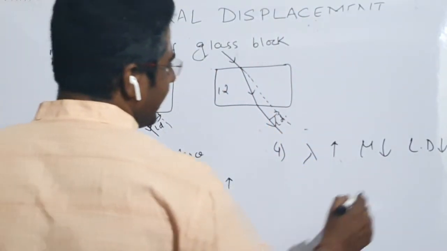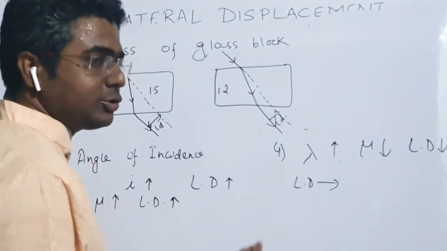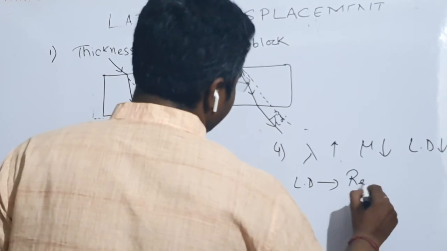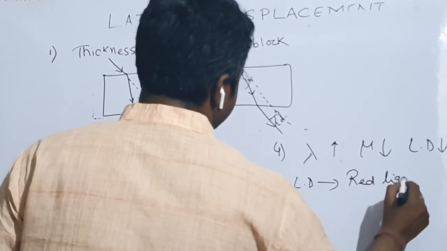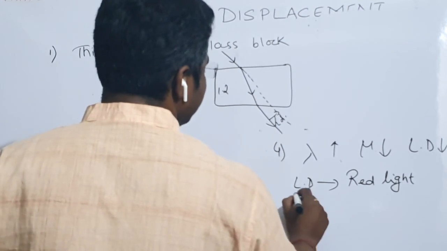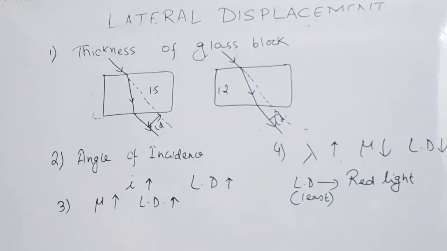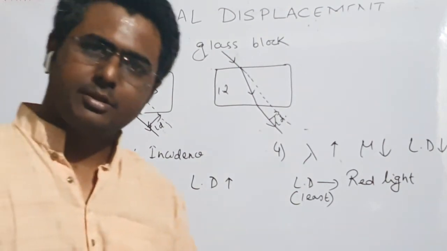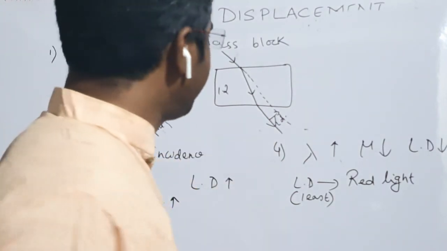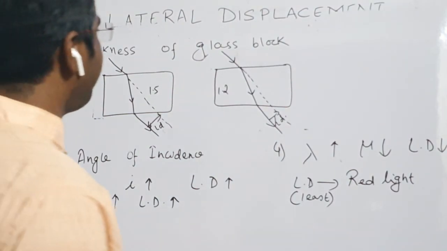So obviously lateral displacement will be least in case of highest wavelength, that is red light, and highest for which light? Violet light, okay, in visible range. So that is it all for lateral displacement part.